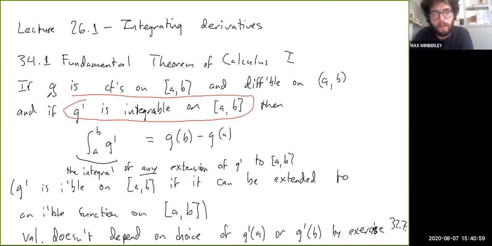Also, believe it or not, it's possible to have a function G that satisfies these hypotheses.